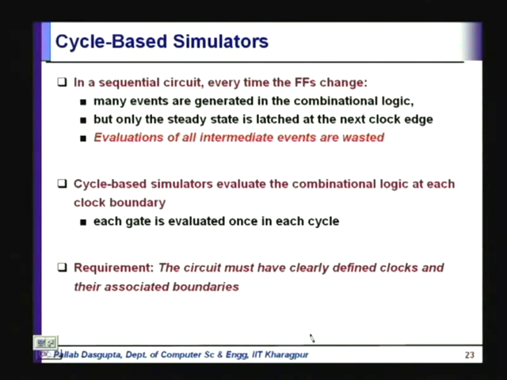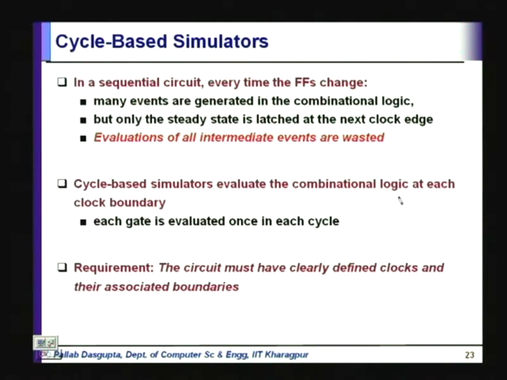In a sequential circuit, every time the flip flops change, many events are generated in the combinational logic, but only the steady state is latched at the next clock edge. So, evaluations of all the intermediate events are wasted, because in the end it is only the steady state value that is going to get latched.